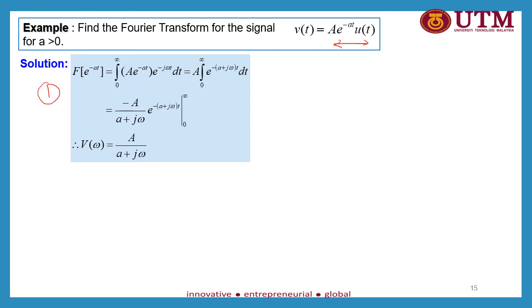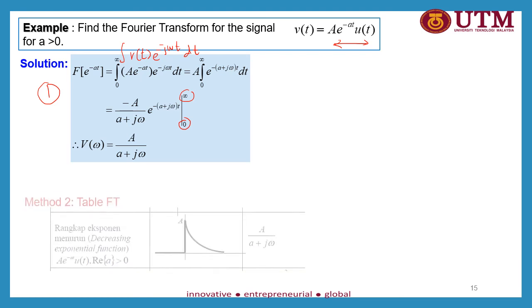Don't forget the basic equation is the integration of v(t) e to the minus j omega t dt. So perform the integration when a is larger than 0, up to infinity. So you get V omega equal to A divided by a plus j omega.